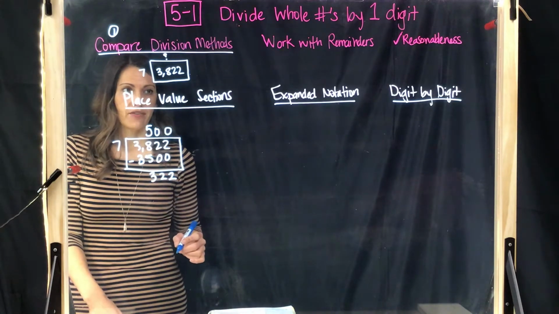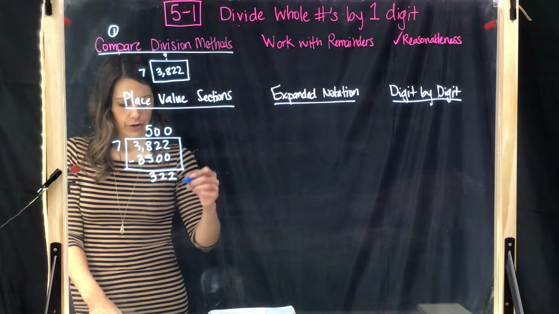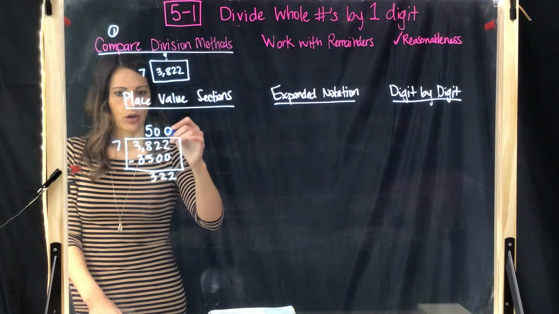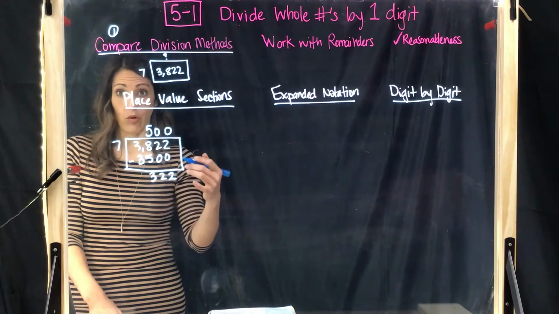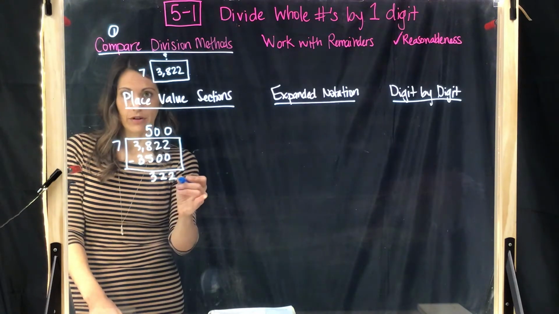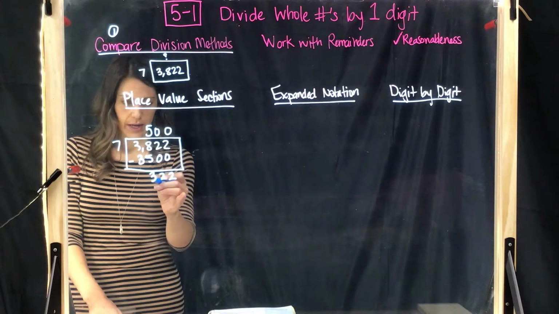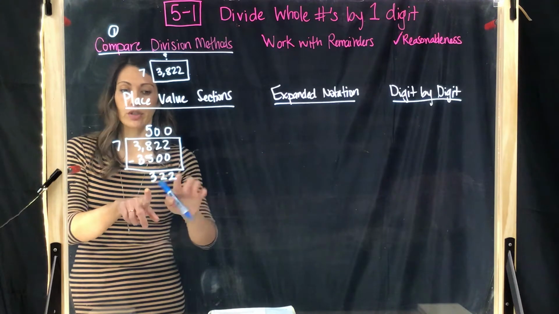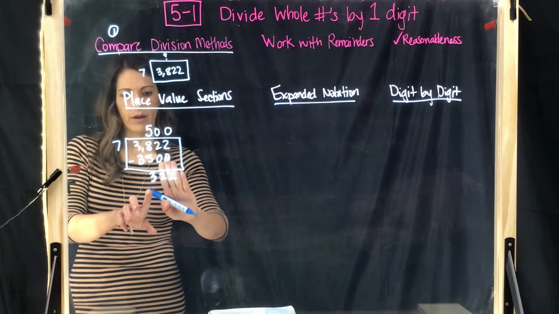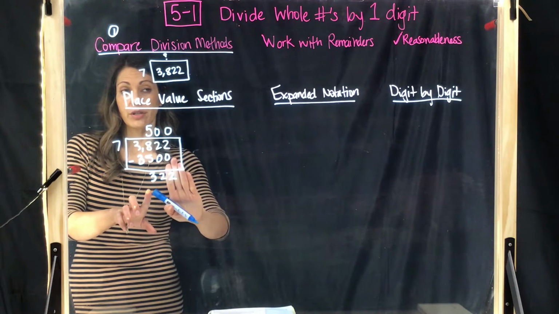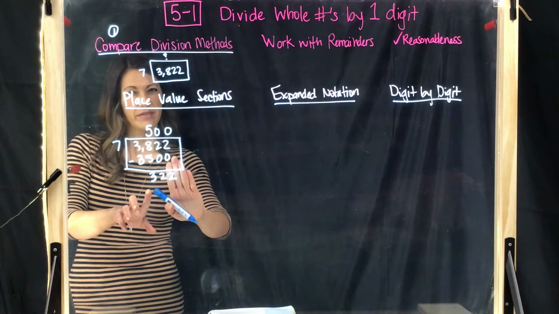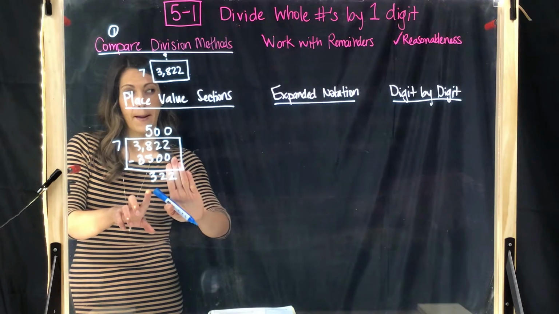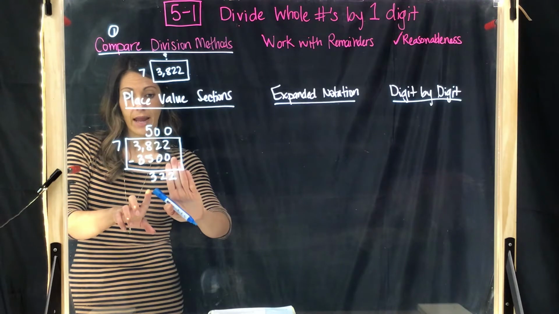Now, with place value sections, you make new boxes every time you divide more, okay? So now I have 322 left over. And I need to see how many times 7 goes into 322. I'm going to use that trick again. 7 can't go into 3. 7 can go into 32. It can't go 5 times because that's too big, 35. 4 times is 28.